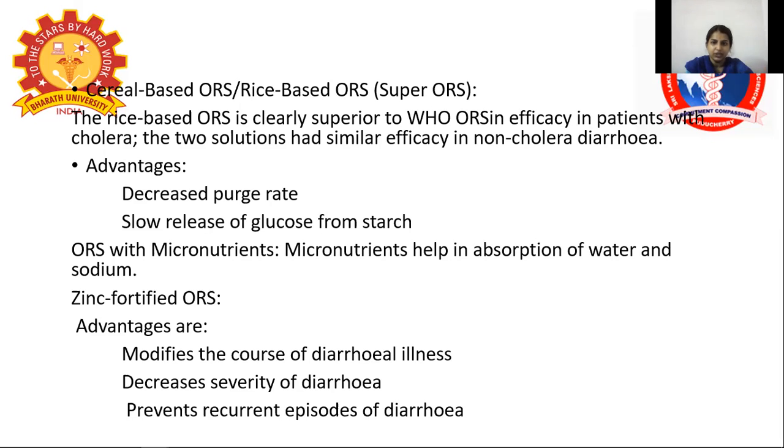The two solutions are similar in efficacy in non-cholera diarrhea. The advantages are decreased purge rate and slow release of glucose from starch. And ORS with micronutrients helps in absorption of water and sodium. Zinc-fortified ORS modifies the course of diarrheal illness, decreases the severity of diarrhea, and prevents recurrent episodes of diarrhea.